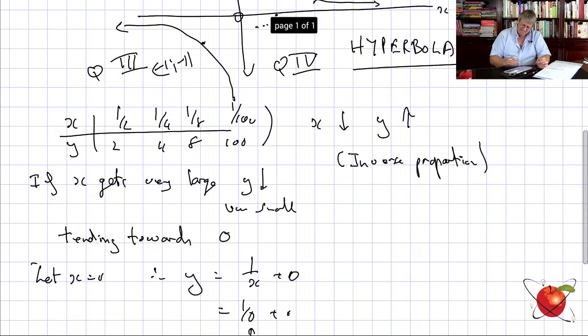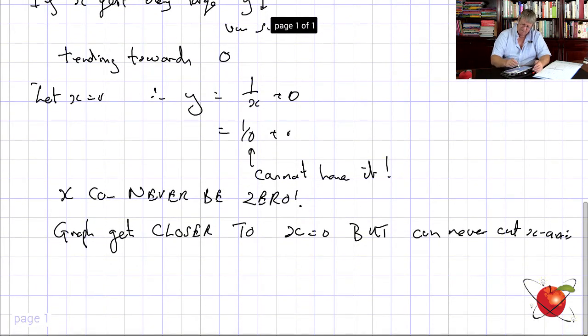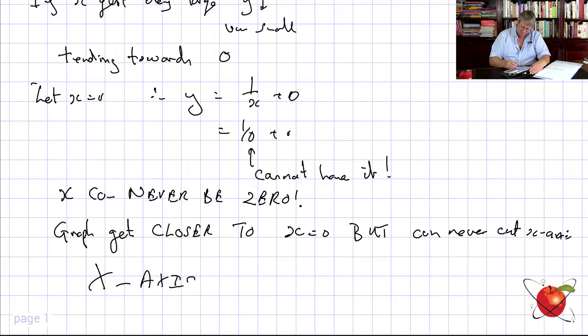So, essentially, it's never going to get there. Therefore, the x-axis is an asymptote. What's an asymptote? An asymptote is a line which the graph cannot cut.